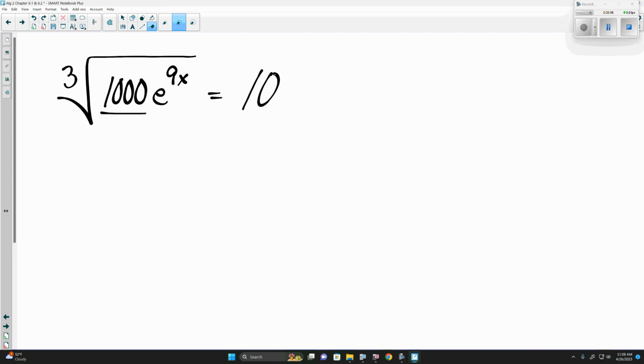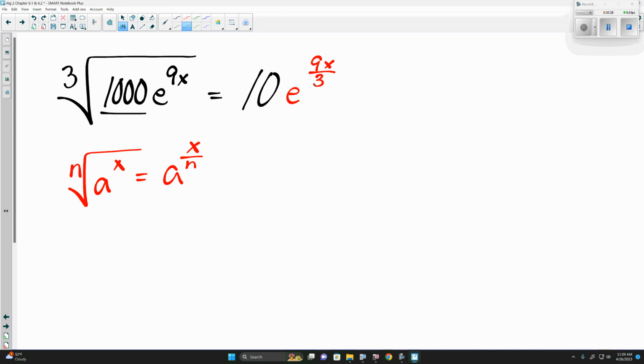For e, we can really look back to our previous chapter. The nth root of a to the x is equal to a to the x over n. If we apply it to e, the number on top of the fraction would indeed be 9x.